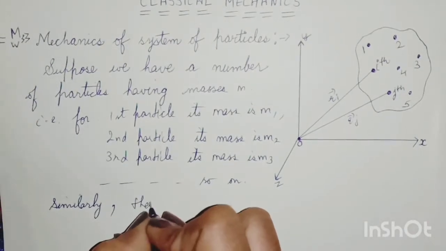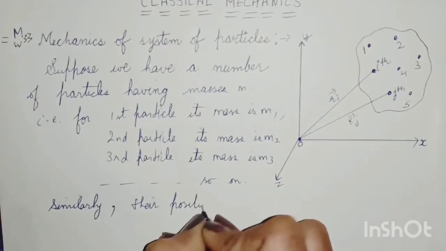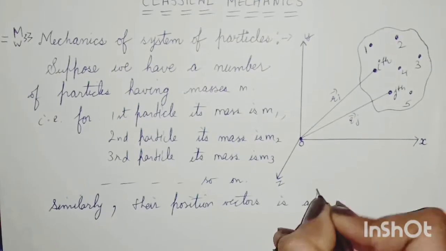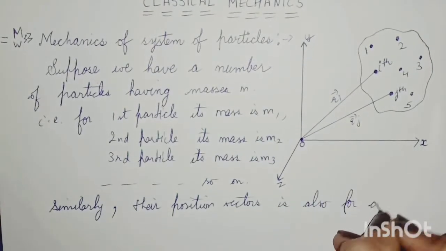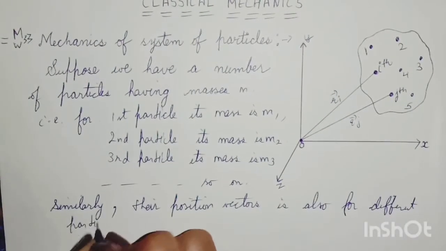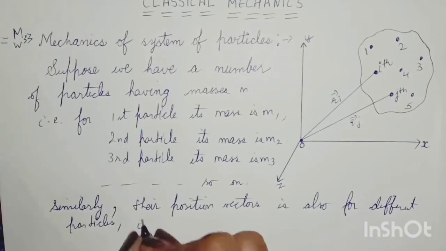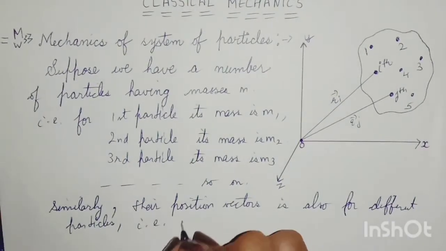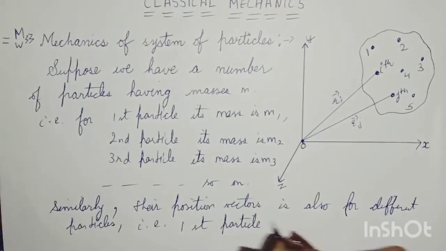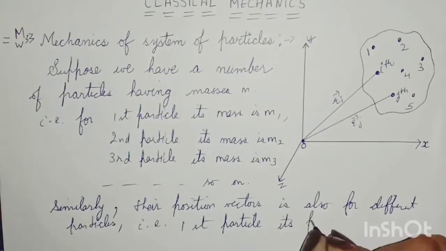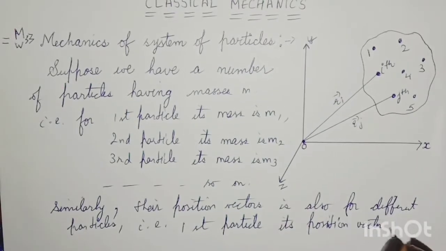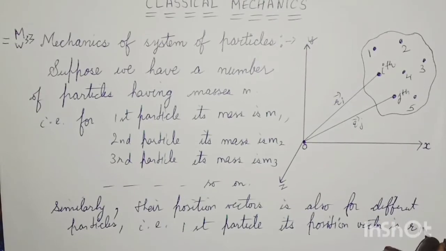Similarly, their position vectors are also different for different particles. That means for the first particle, its position vector is r1 vector.